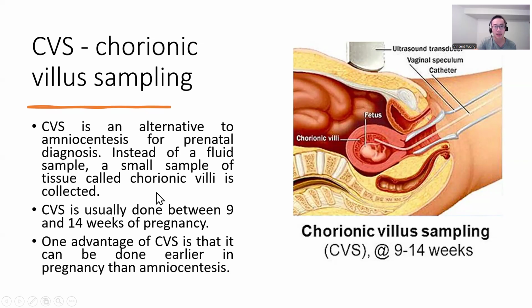Instead of taking the amniotic fluid, a small sample of the chorionic villus is collected. The chorionic villus is an extension of the placenta tissue, if you would, which contains the same kind of cells as the baby. And so it's going to have the same genetic information. Then you can prepare a karyotype from that.